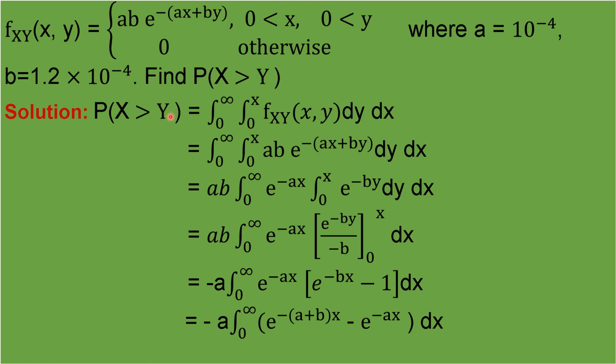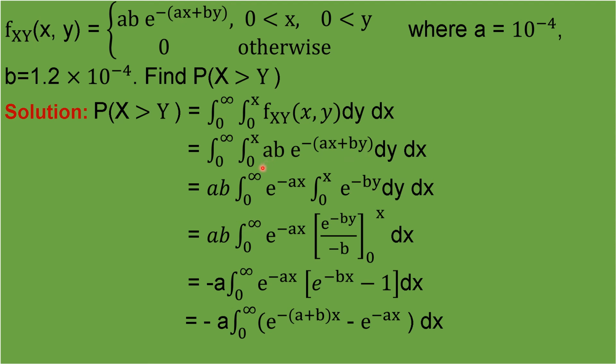For the inner integral, y is greater than 0 and less than x, so the integral is from 0 to x. For the outer integral, x is greater than 0 with no upper limit, so from 0 to infinity, of f_xy(x, y) dy dx. Now f_xy(x, y) means ab e^(-(ax + by)).